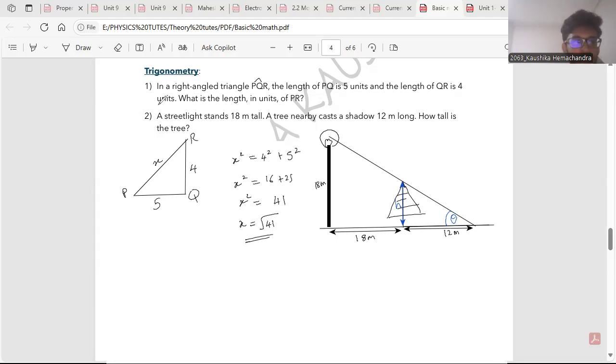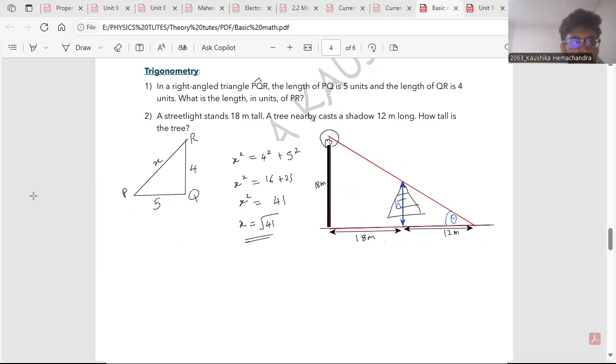So I'll show you the triangles also. This is one triangle. You see the big triangle is obviously there. We can take two of its lengths. Right? You can take the opposite, this length, and you can take this length, which is the adjacent length.